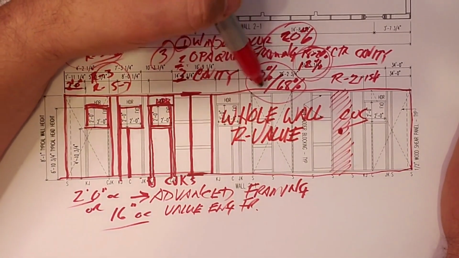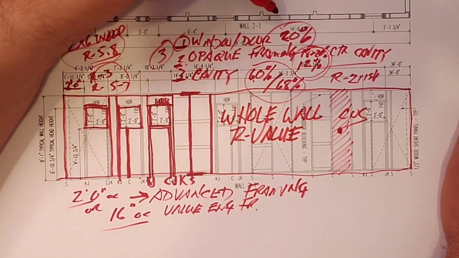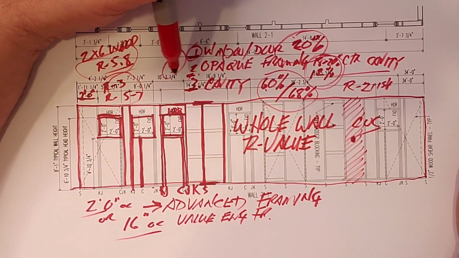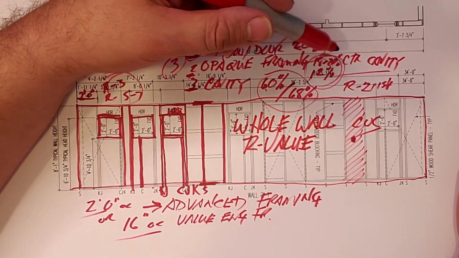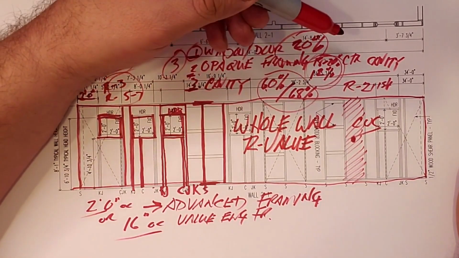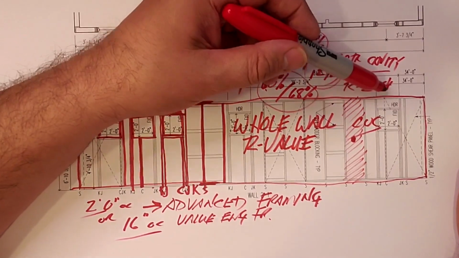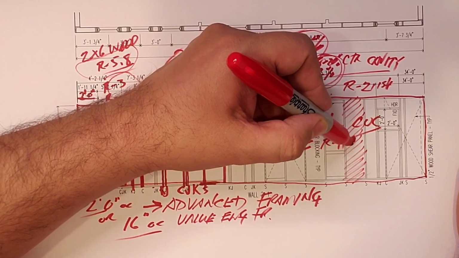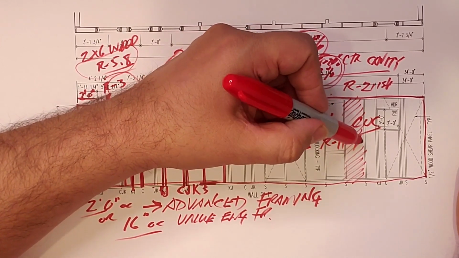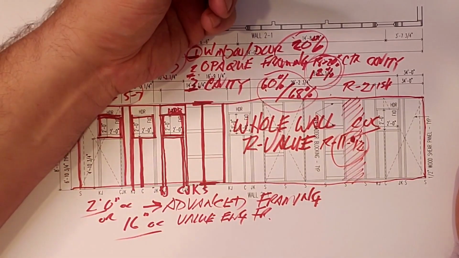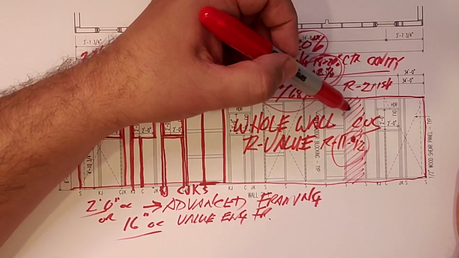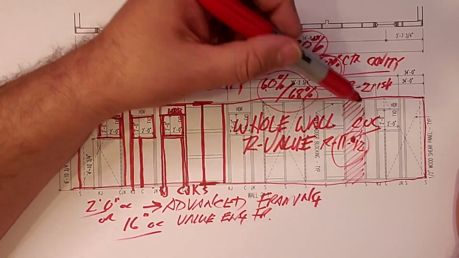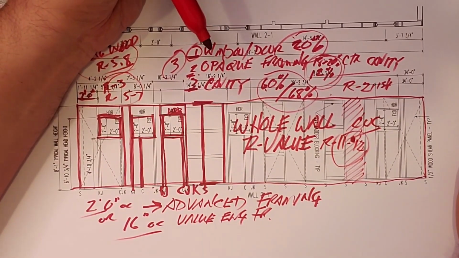And when you take these numbers here and you take their averages based on their percentage and their R value, then what you get is this R21 probably starts looking more like R11/12, somewhere in that range. So it's about maybe just a hair better than half of what you claim the wall to be.